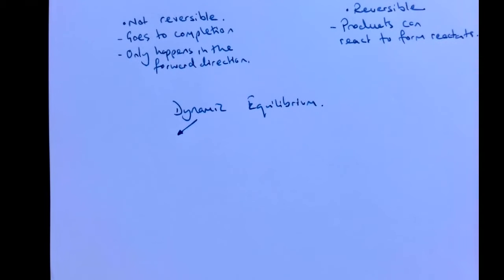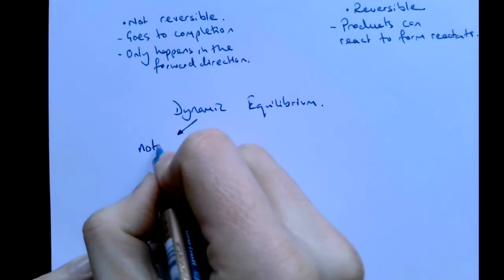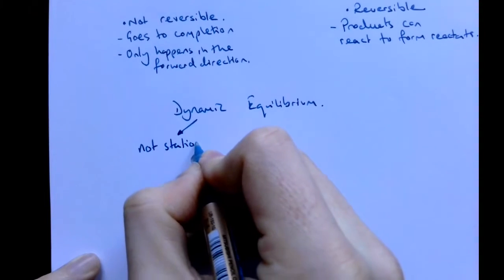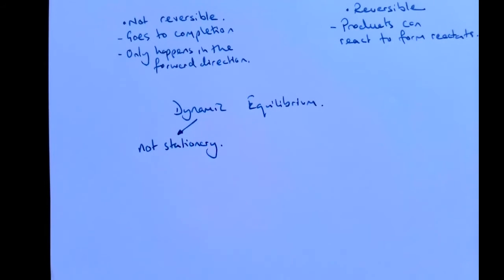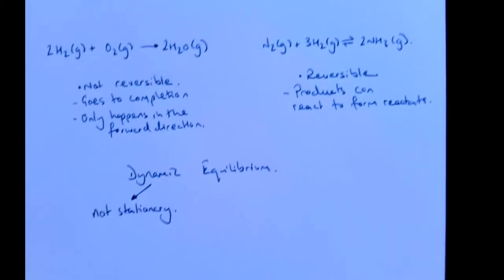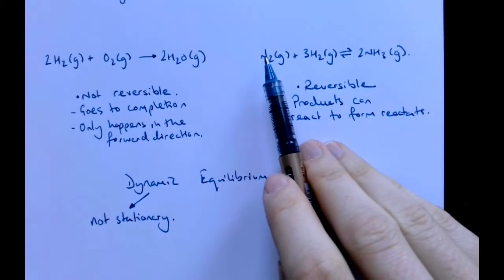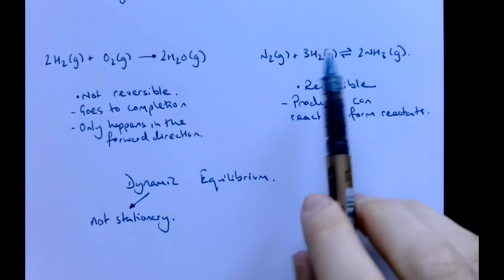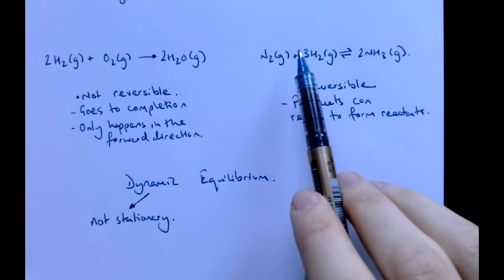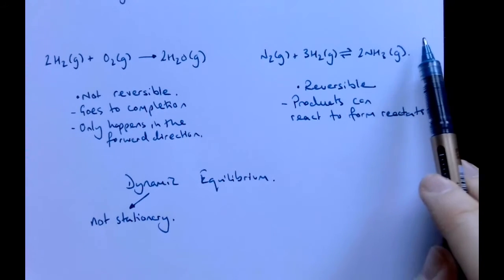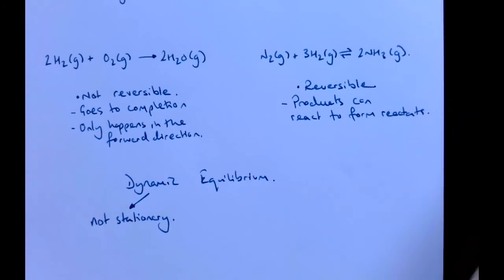And then what we mean when we talk about dynamic equilibrium, well, the word dynamic is the constant motion, so it's this idea of not being stationary. The danger is that you might look at this equation and think, I've got 1 mole of nitrogen and 3 moles of hydrogen, and they just stay as they are, and I've got 2 moles of ammonia and they just stay as they are, and then nothing happens.